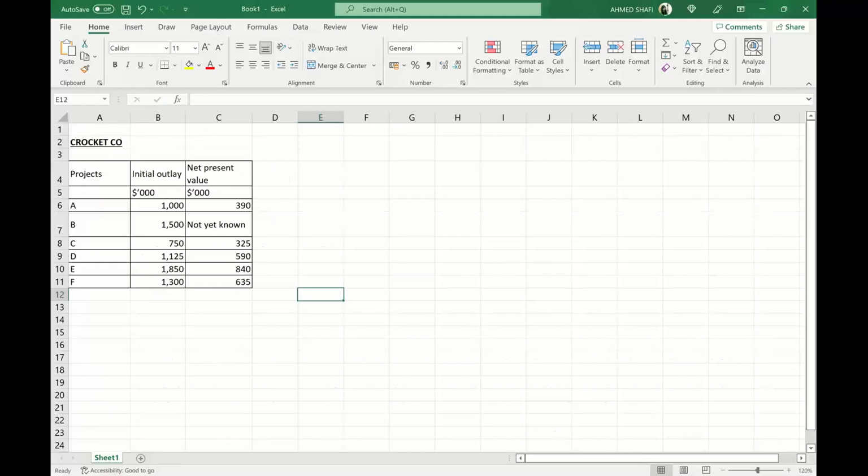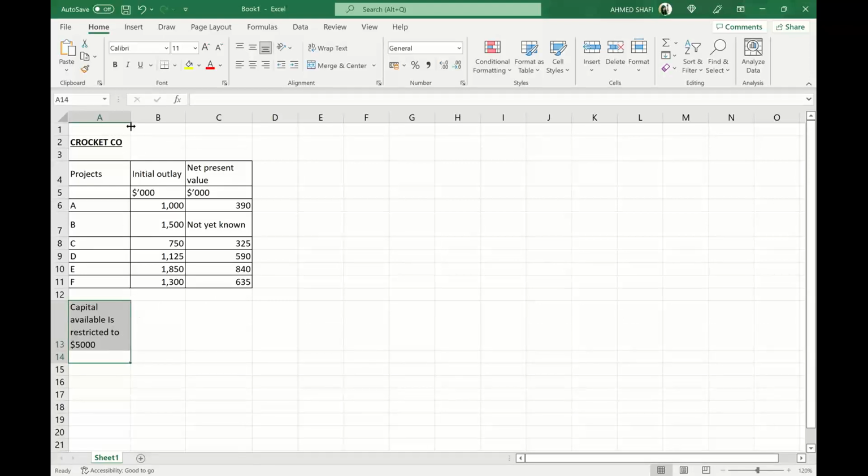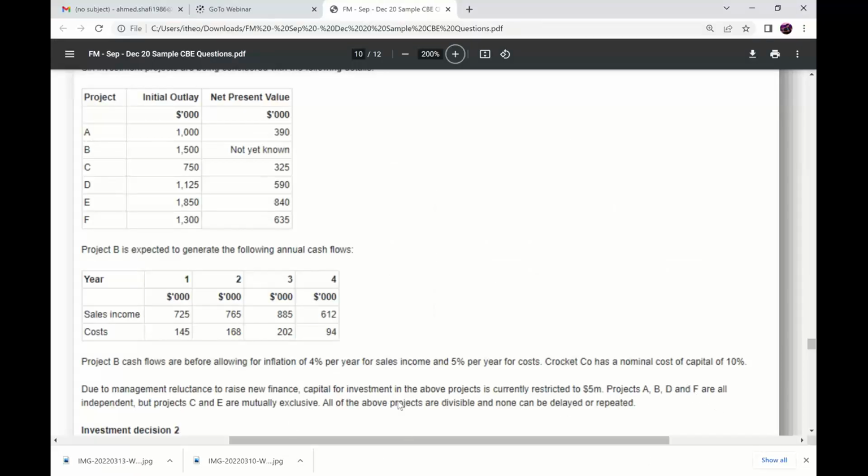Okay, so I will write this. Capital available is restricted to 5,000, or 5 million. And A, B, D, and F are independent, C and E are mutually exclusive, and all projects are divisible.